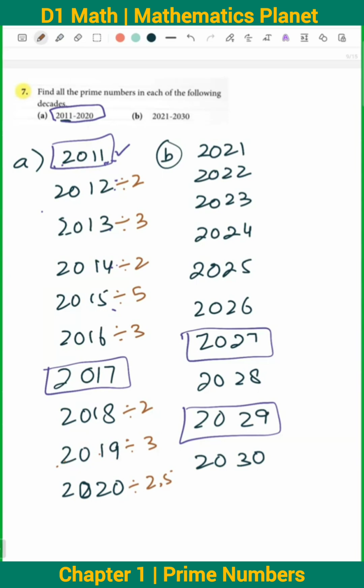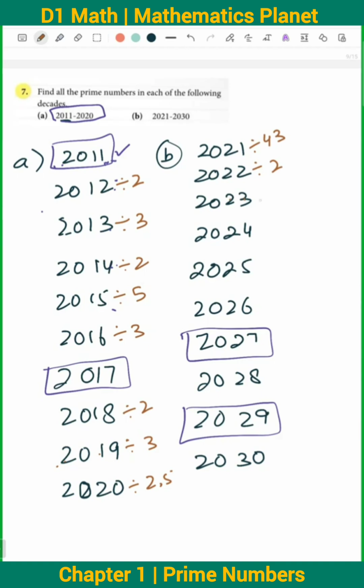Divisible by 43. 2023, can it be divisible by 7? 2023 is divisible by 7.